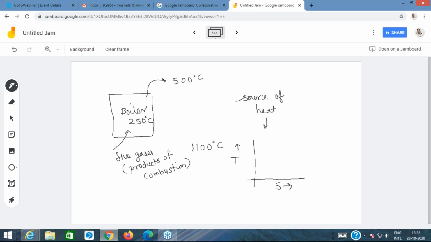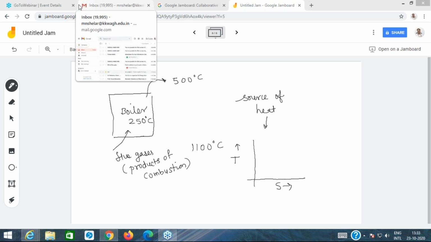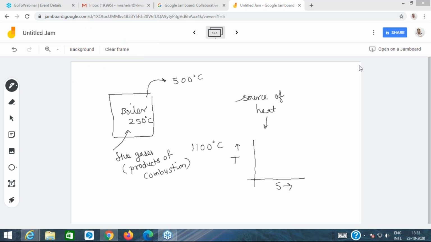As is shown, the temperature of the gases would reduce. What would happen to the entropy of the gases? No answers? So the entropy would also reduce.